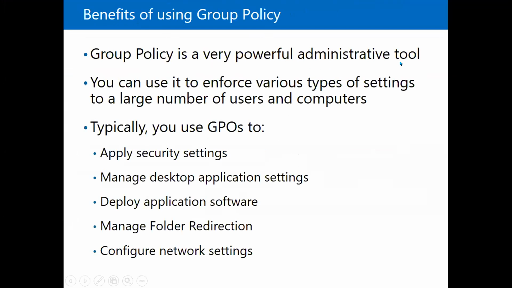Group policy is a very powerful administrative tool. I'm going to read through these slides quickly, and then explain that on the whiteboard. At the same time, guys, I want to remind everyone that notes are very, very important. So please take notes as we go on, and also draw it as well. The exercise we just did.